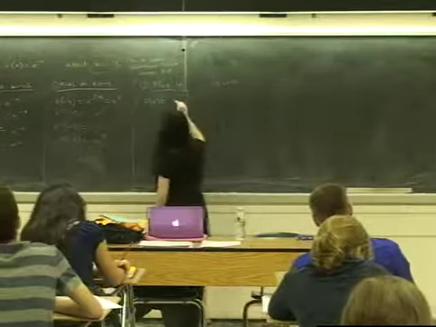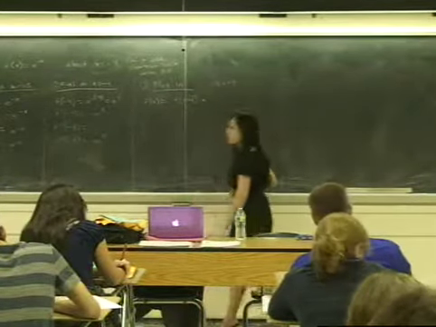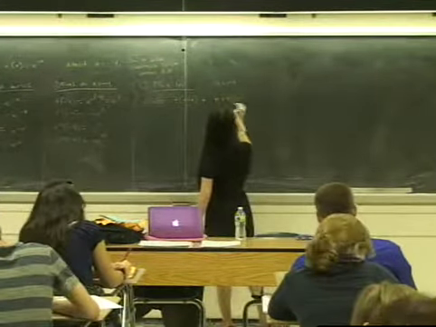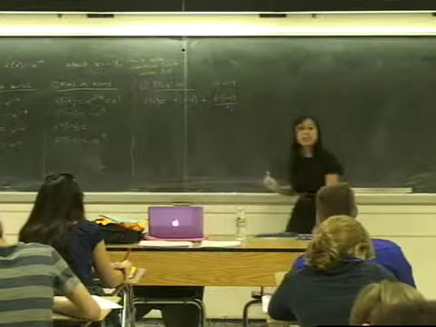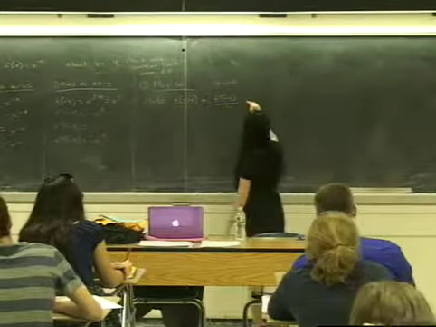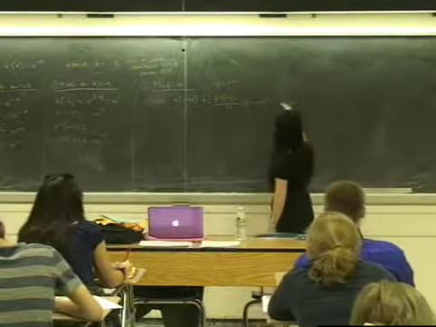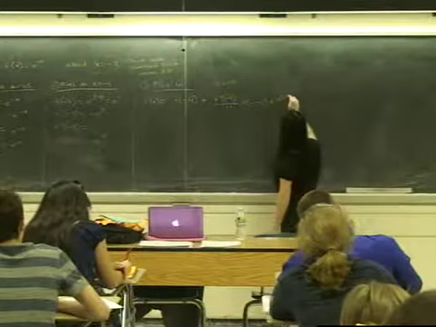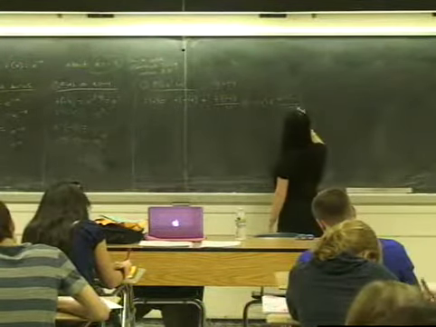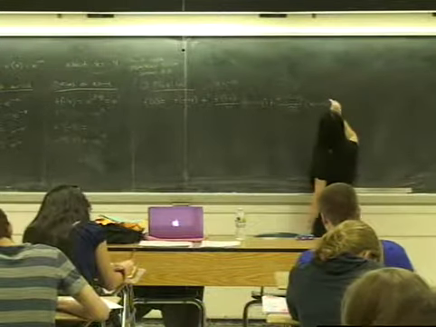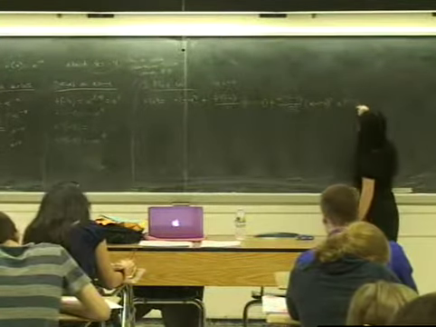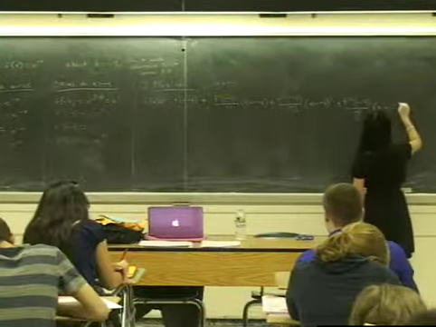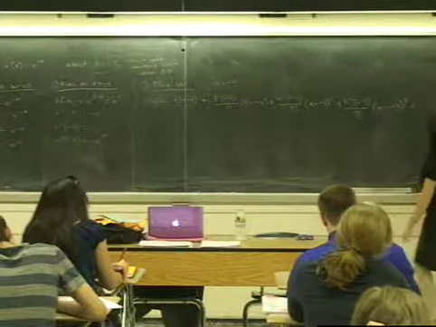So I have f of -4 plus f prime of a, which is f prime of -4, over 1 factorial times x minus the center, so I have x minus -4. Okay, and then I have f double prime of -4 over 2 factorial times x minus -4 squared, and plus f triple prime of -4 over 3 factorial times x minus -4 to the 3rd. And then it keeps going on forever.